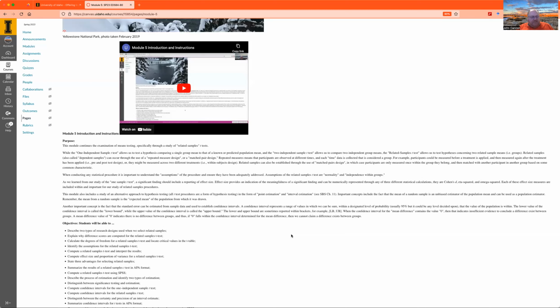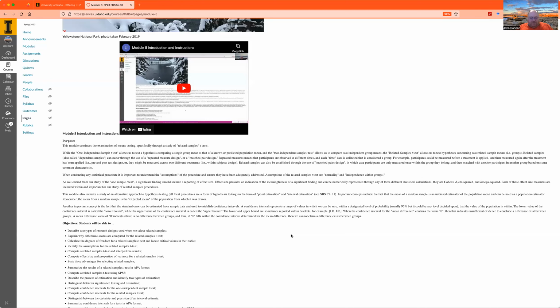Effect size provides an indication of the meaningfulness of a significant finding and can be numerically represented through any of three different statistical calculations. These are the Cohen's d, the eta squared, or the omega squared. Each of these effect size measures are included within and important for our study of related samples procedures.